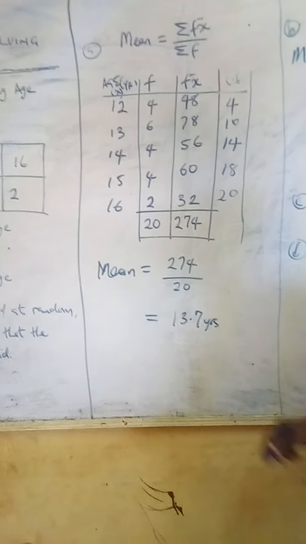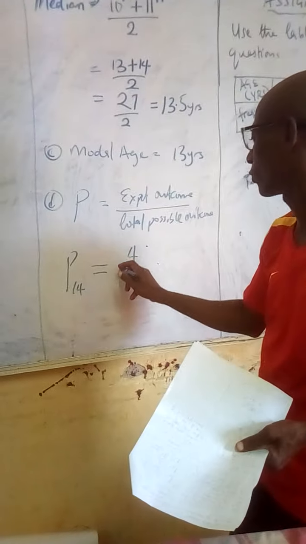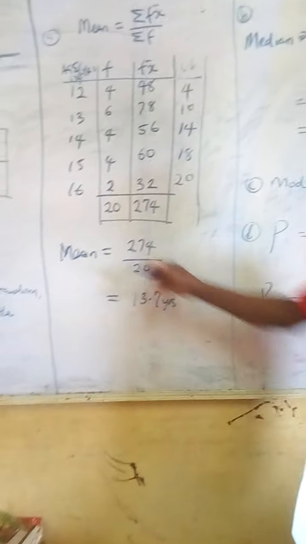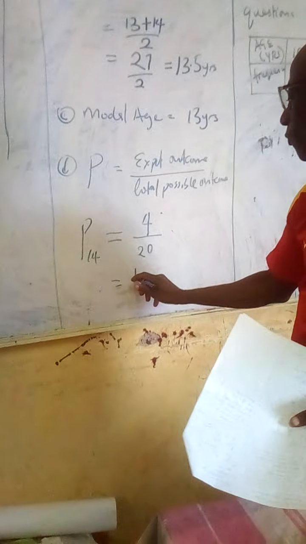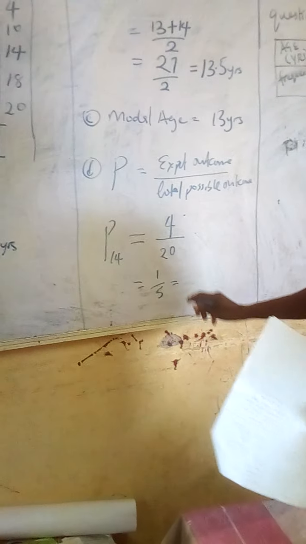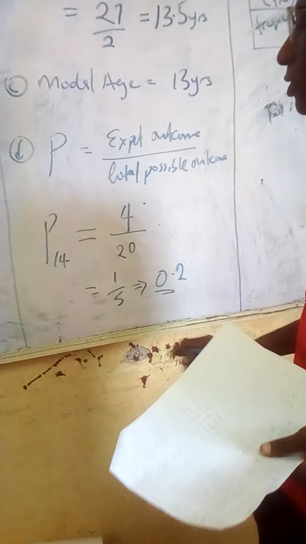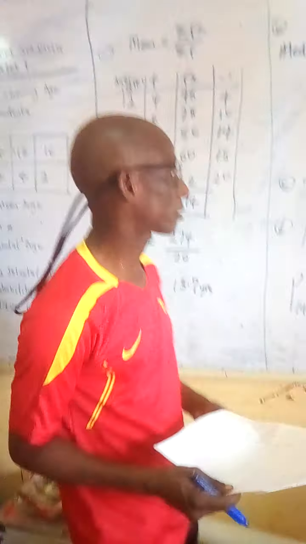How many 14-year-olds do we have in that distribution? Your answer is as good as mine. We have 4 students who are 14 years old. The total number of outcomes is the total number of students, which is 20. Breaking that down to the lowest term, we have 1 over 5. That's our probability, or you can write it in decimal as 0.2. That's the probability of selecting a student that is 14 years old from the class.